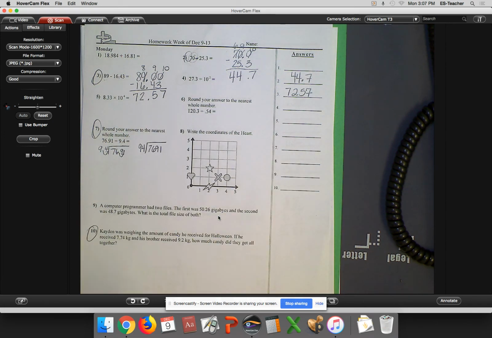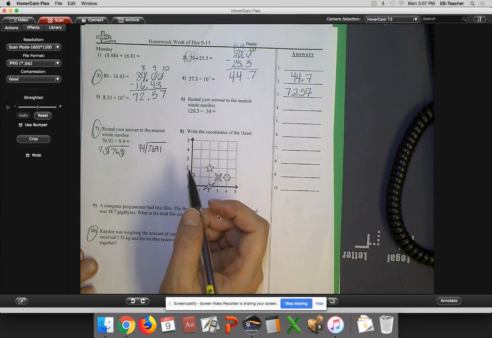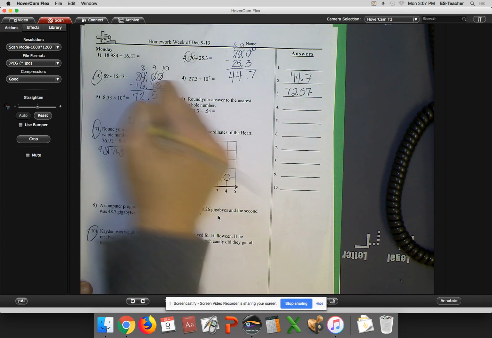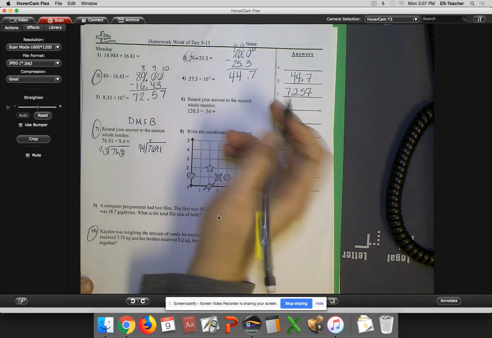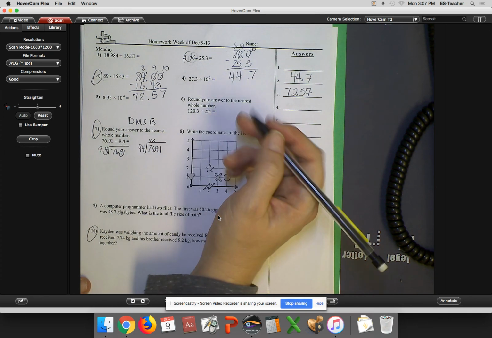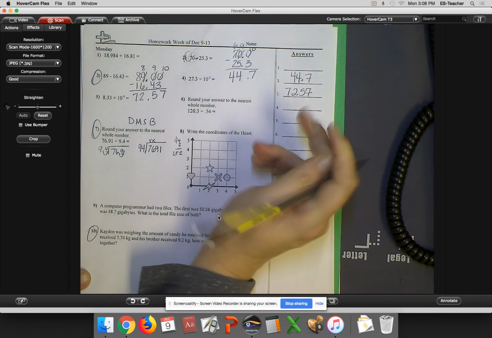7,691. Since this says answer to the nearest whole number, I'm going to use DMSB, which is divide, multiply, subtract, bring down. So 94 cannot go into 7. 94 cannot go into 76. Can 94 go into 769? Let's see. 94 times 3 is 1,228. Ooh, that's way off.